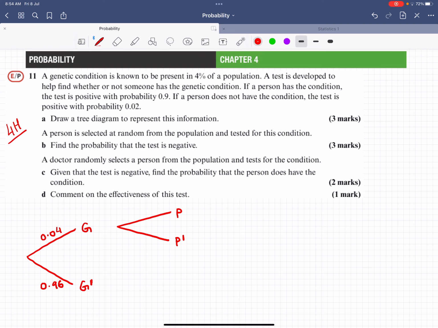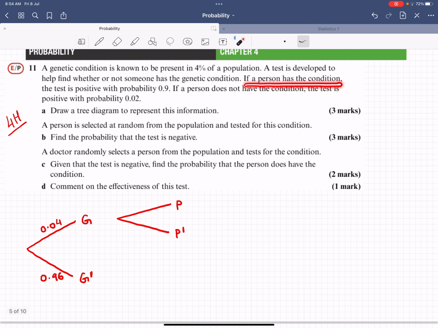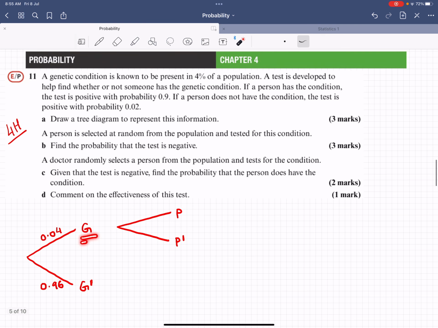So for the people who have the genetic condition, the test is positive with a probability of 0.9. So this is going to be 0.9. Therefore, the probability that the test is negative or not positive will be 0.1.